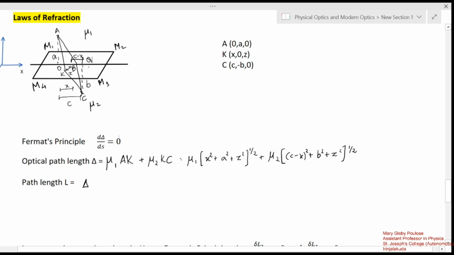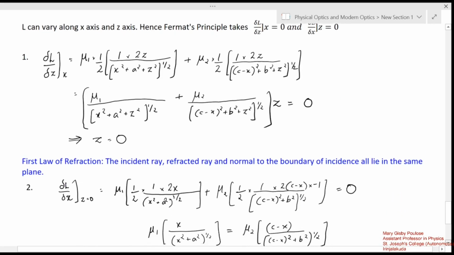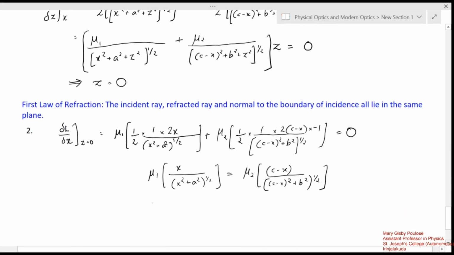Okay, so coming back, I can rewrite this as μ1 sin i is equal to μ2 sin r. Hence, sin i by sin r is equal to μ2 by μ1.